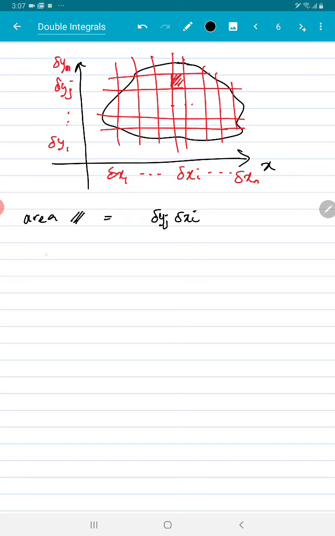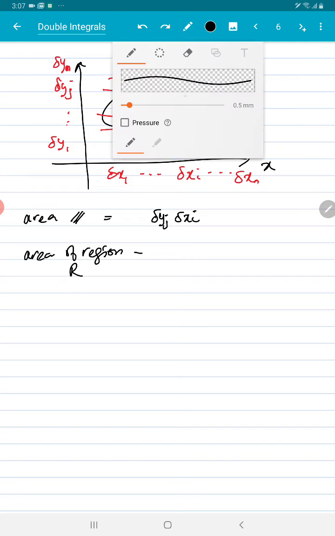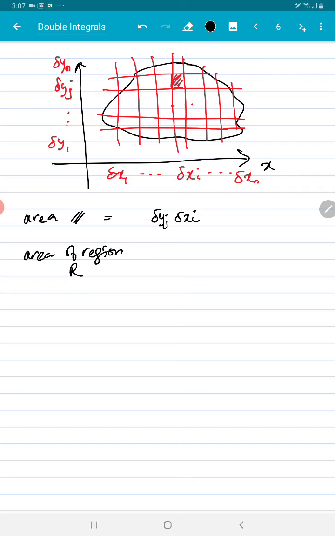If we want the area of region R, which is the whole thing, we're going to sum up all the rectangles. It's going to be approximately equal to the sum of delta yj delta xi, i from 1 till n and j from 1 till m. But it's approximately equal to, not exactly.